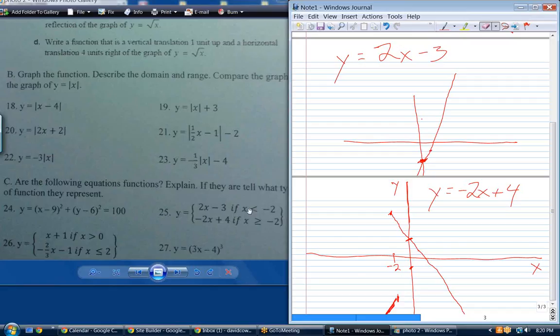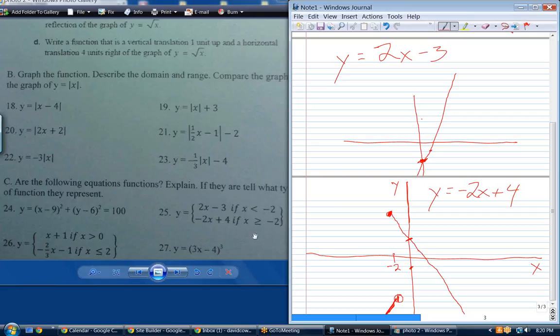But it says the first function is only true when x is less than negative 2, which means we have an open circle here. And when x is equal to negative 2, we have a closed dot there. So that passes the vertical line test.